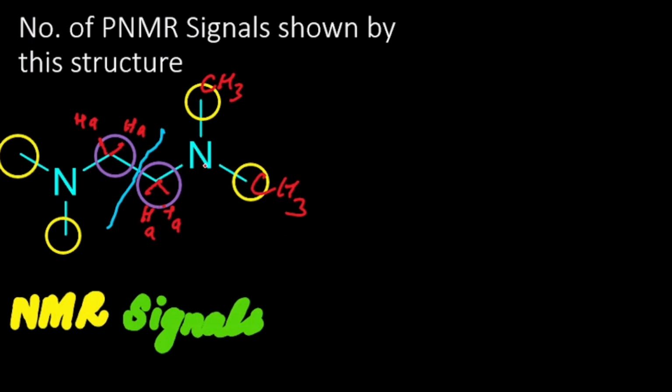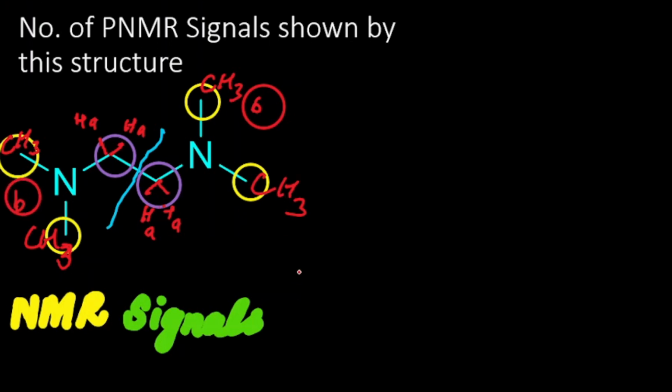Why? Because it is attached with the nitrogen that is attached with the CH2, and here the symmetry is present. Similarly, the CH3 and the CH3 are also attached with the nitrogen that is attached to the CH2. It means these four hydrogens are of the same chemical environment. With the same chemical environment, it will give you the A-type signal. This will also give you the B-type signal.